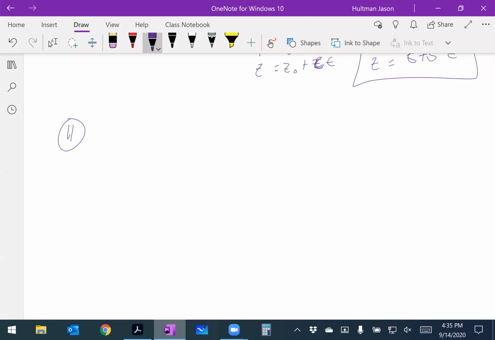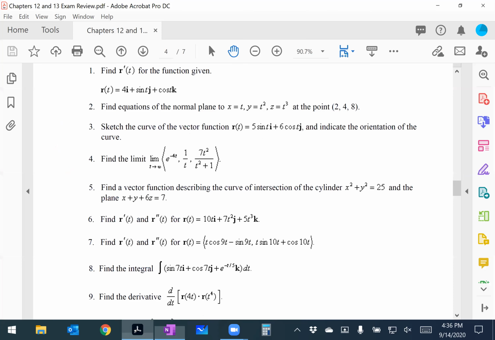On a lot of these they give you the necessary information. You just got to figure out what exactly they are talking about. Okay, so we have r of t is equal to t squared and t cubed, right? At the point 2, 4, 8. You want the equation of the normal plane.